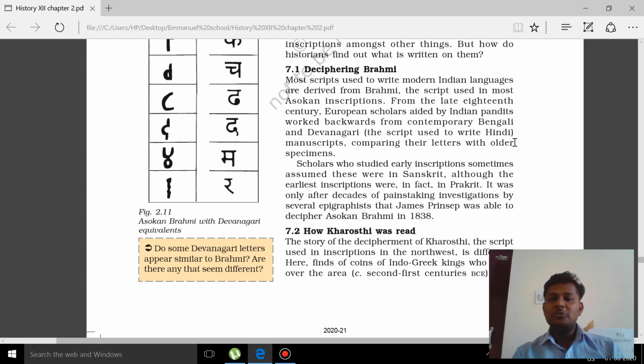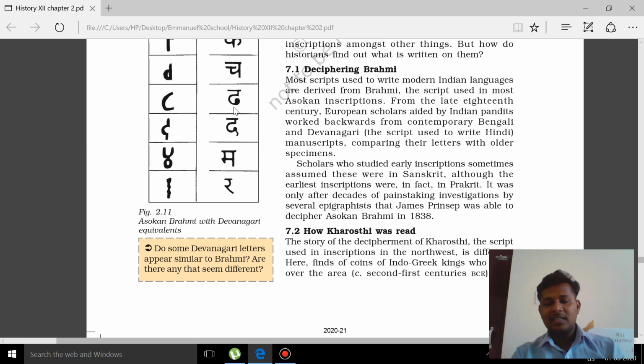Devanagari is the script used to write Hindi. So with the help of Bengali and Devanagari, in a way Hindi, we went backwards to study the inscriptions written in Brahmi, comparing the letters with the older specimens.